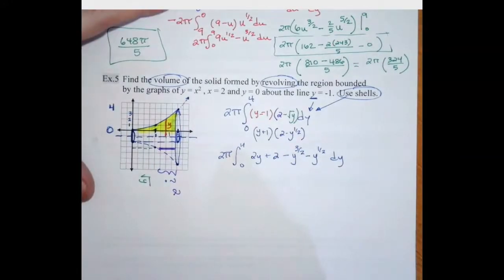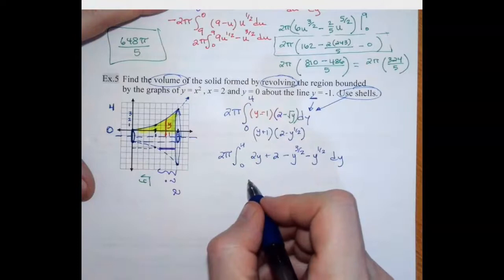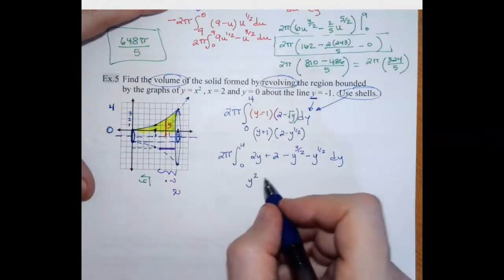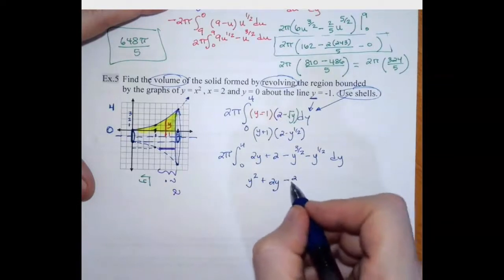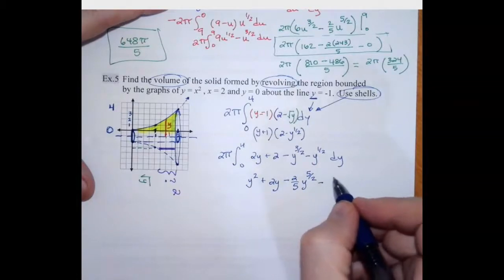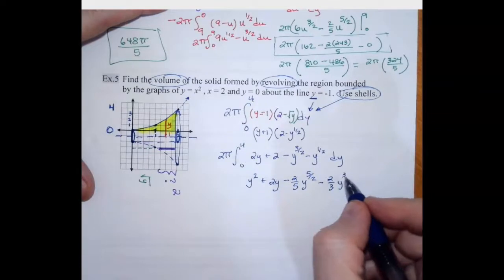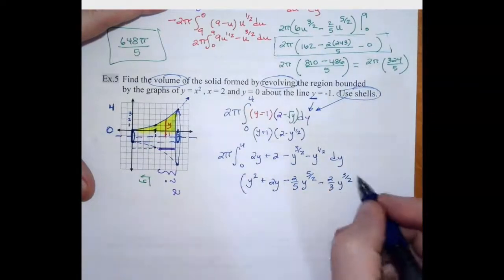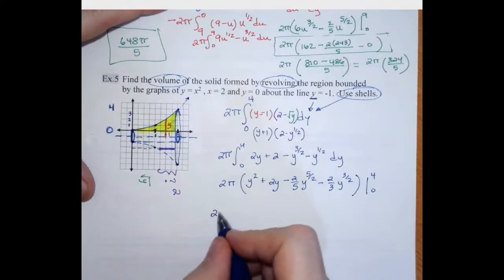Now, if we integrate that, that's going to be y squared plus 2y minus 2/5 y to the 5/2 minus 2/3 y to the 3/2, from 0 to 4, times 2 pi.